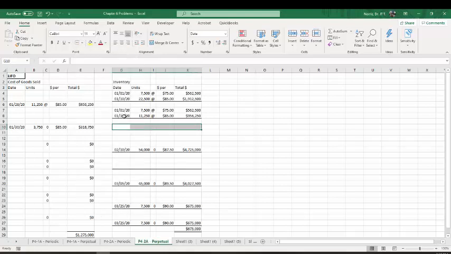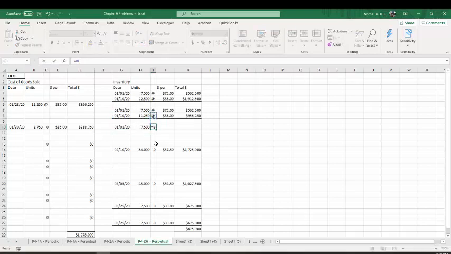And what does that leave us? Well, we still have all untouched the January 1 inventory. And now from the January 10th inventory, we had 11,250.